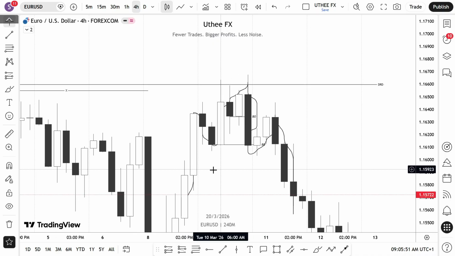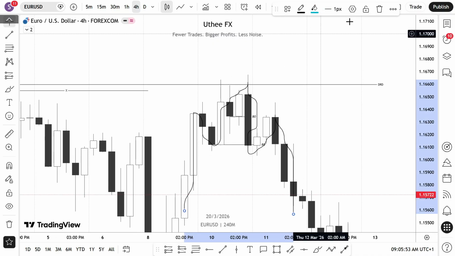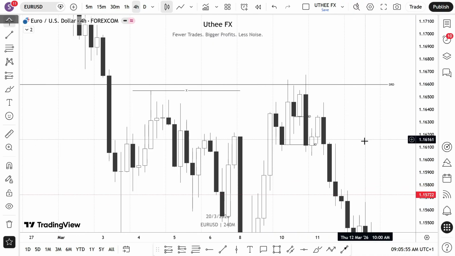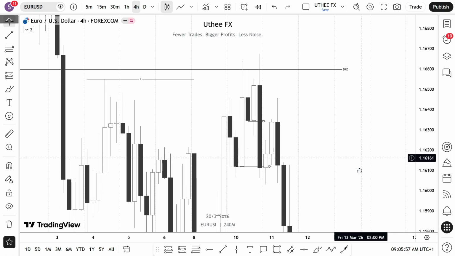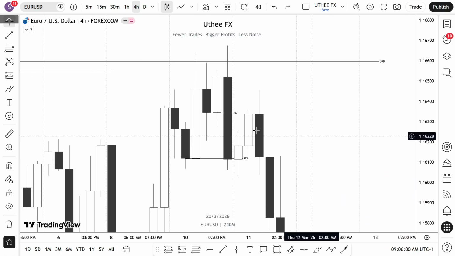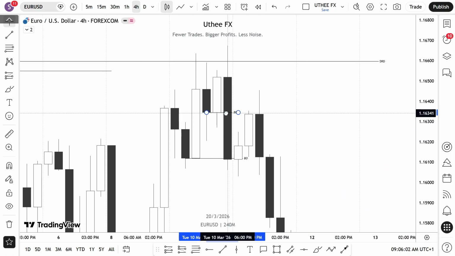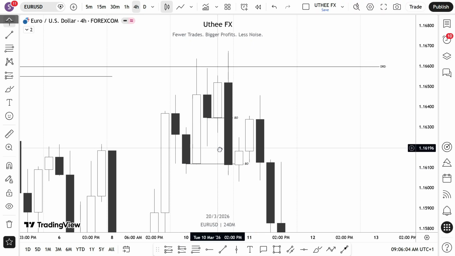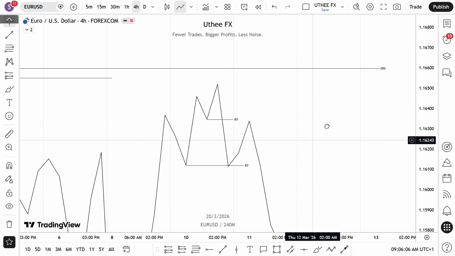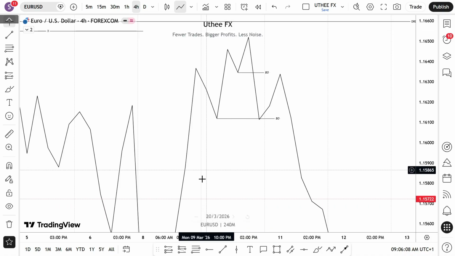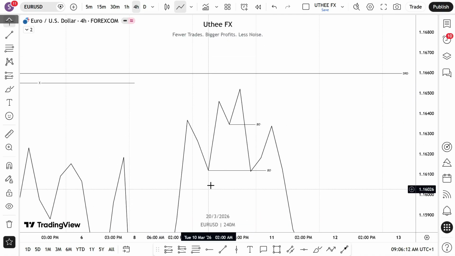This is also a breakout. Do you understand? Let me clear this thing. If it is not clear to your eye, go to the line chart and confirm it. You don't understand? Go to the line chart. On the line chart, price came all the way from down, went up, came down, went up.